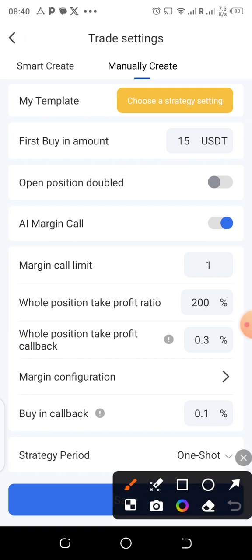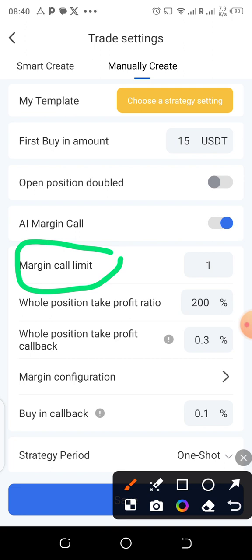Then we are seeing margin call limit. Margin call limit simply means how many times do you want the robot to go in the market. Everything that you are seeing here, you can edit.